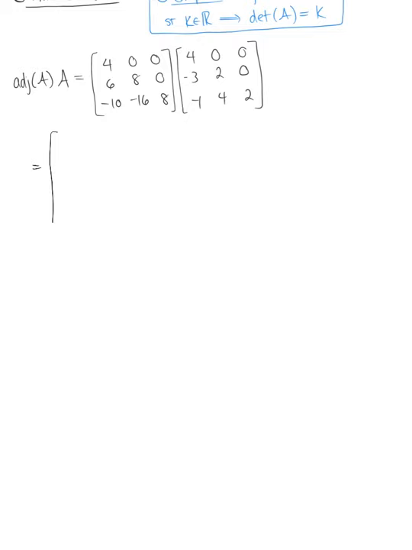Starting with our first row, we have 16 plus 0 plus 0. We then have 0 plus 0 plus 0. And last but not least, we have 0 plus 0 plus 0. Moving on to our second row of the adjugate of A, we have 6 times 4 gives us 24. Then we have minus 24 plus 0.